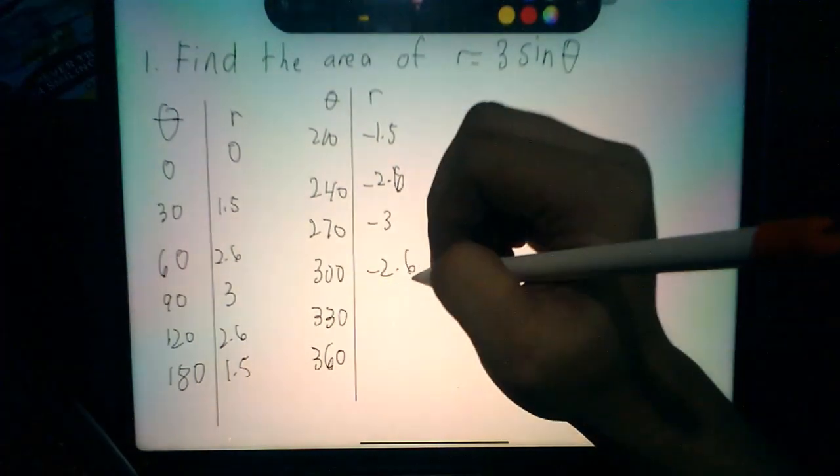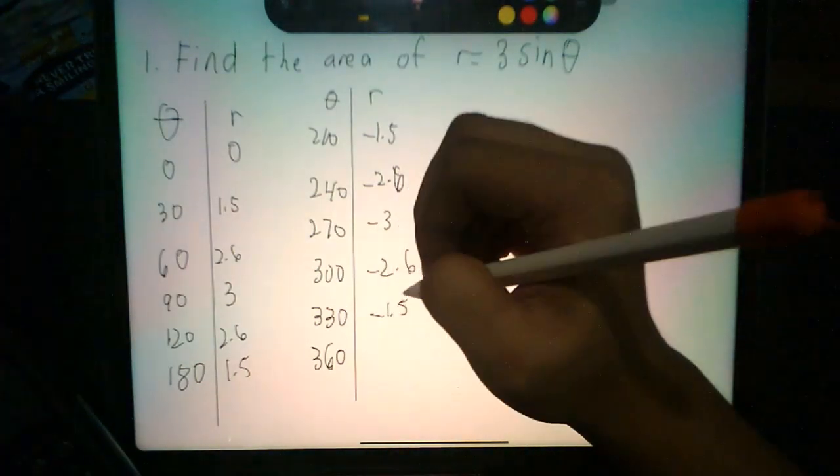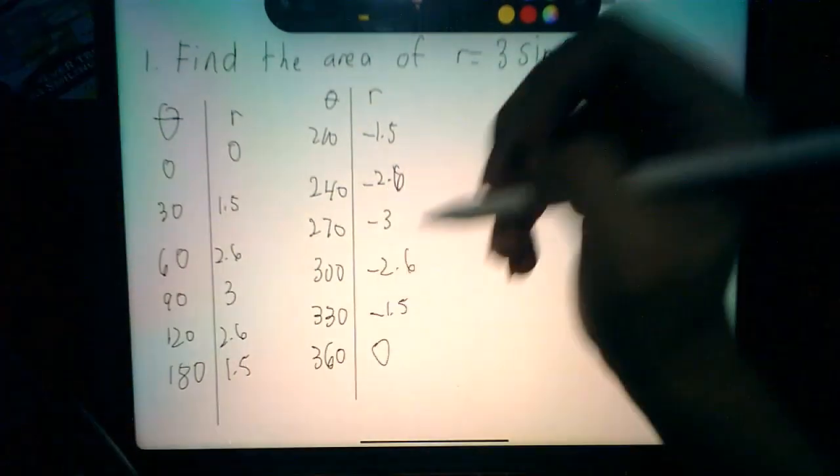Oh no, yes, 2.6. 330 here is negative 1.5, and 360 here equals 0.